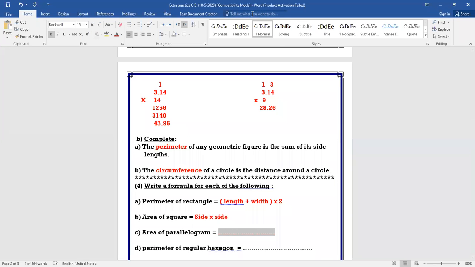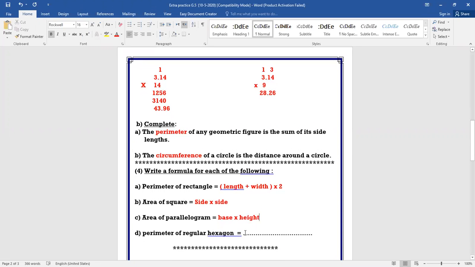Choose another one. Mister, can I answer it? Habiba, go ahead. Area of parallelogram: base multiplied by height. Yes, length of base multiplied by length of height. Base multiplied by height. Thank you.